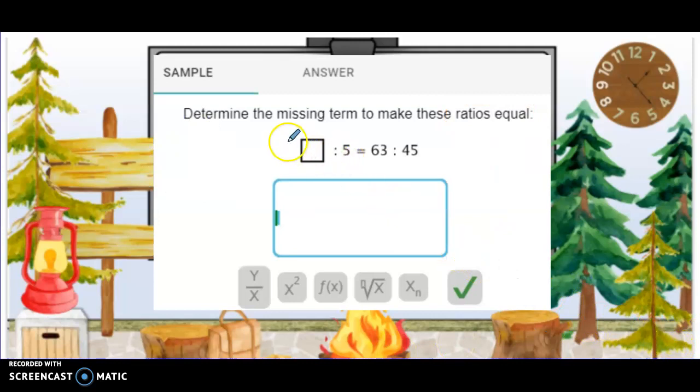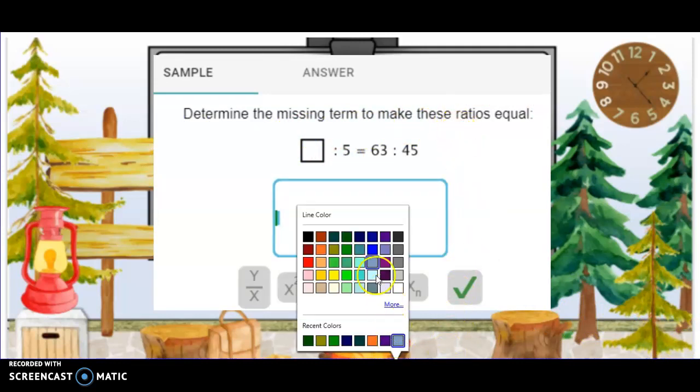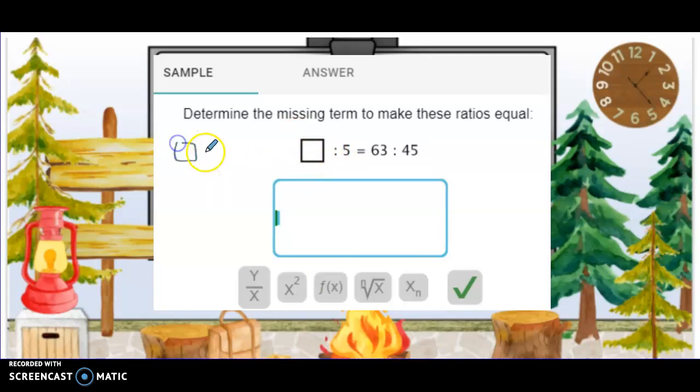Let's see here. Determine the missing term to make these ratios equal. Again, you can set it up as a factor puzzle, but make sure you copy your rows in order. So we have a missing number compared to 5, and then this row just slides underneath as the same as 63 to 45.